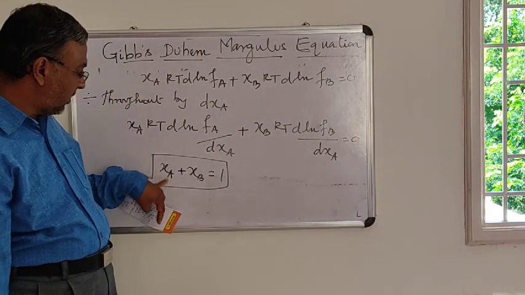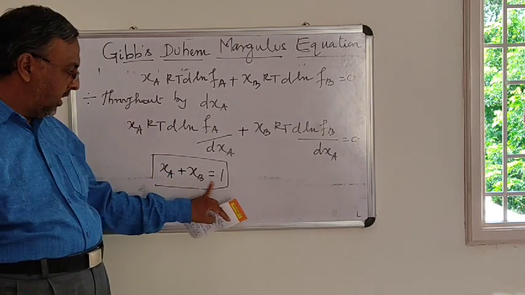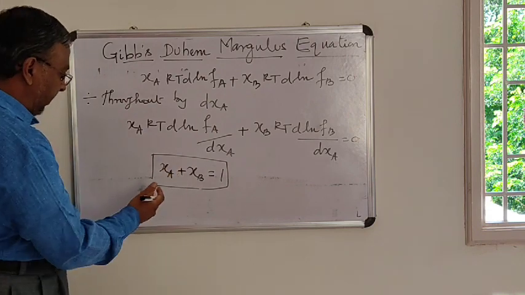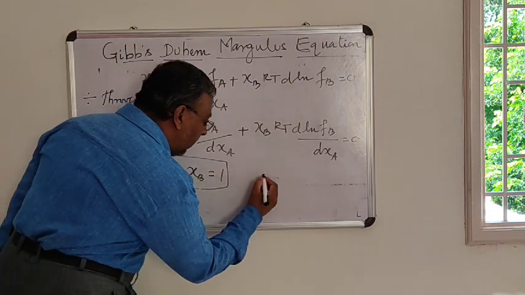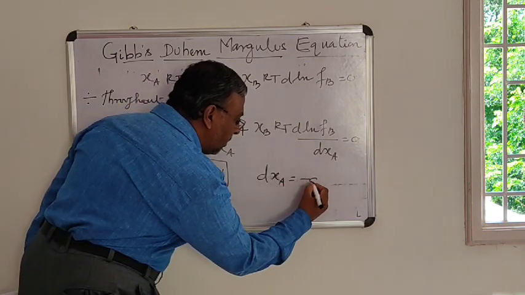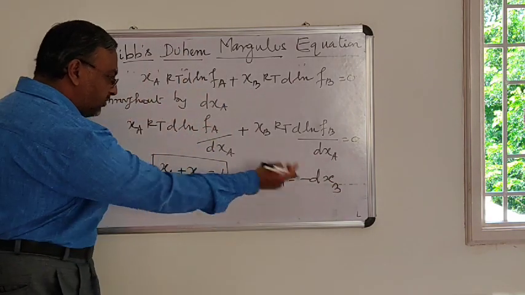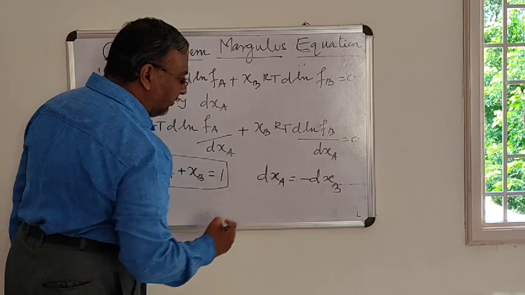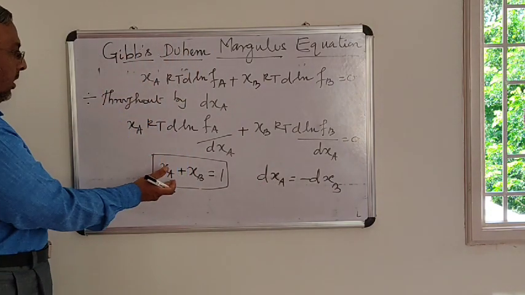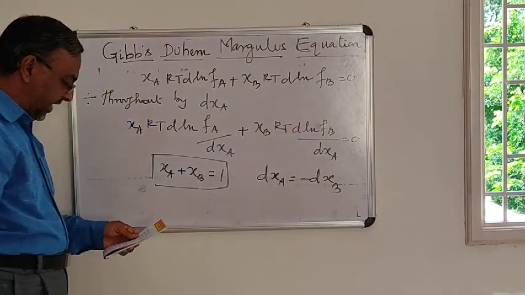The mole fraction of component A and the mole fraction of component B always add to 1. Therefore, I can write dxa equal to minus dxb. When xb goes to the other side, it becomes minus dxb. Now I am substituting this value in this equation.